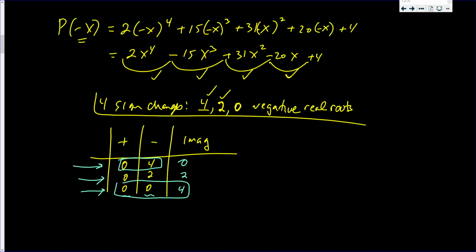So either there are 0 positive real roots, 4 negative real roots, and no imaginary roots. Or there are 0 positive real roots, 2 negative real roots, and 2 imaginary roots. Or there are 0 positive real roots, 0 negative real roots, and 4 imaginary roots. It's one of them.